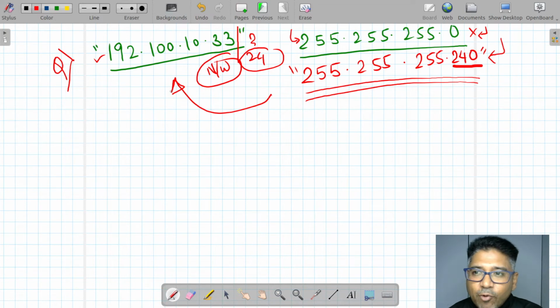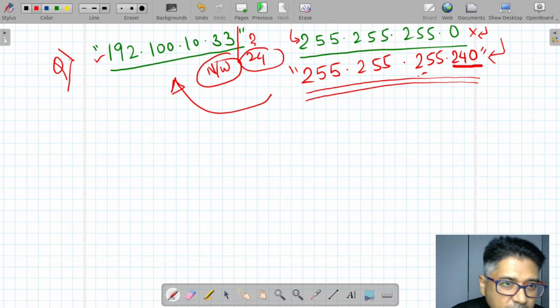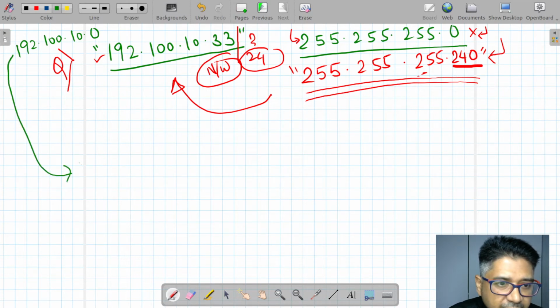Now, first I will try to understand if I have done this subnetting, then my original IP for this, I'm taking green, try to understand. Earlier, originally, the first IP of this subnet is 192.100.10.0. This will start from here and this will end at 192.100.10.255.